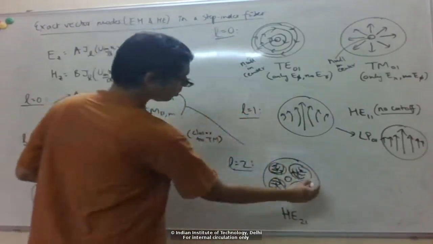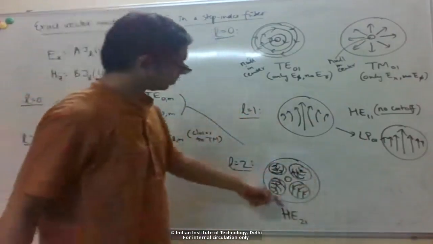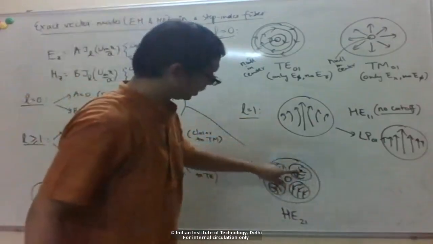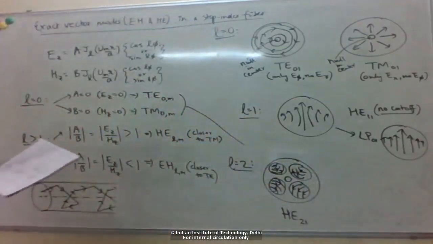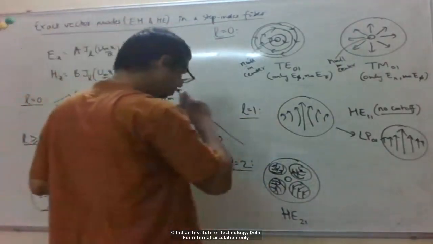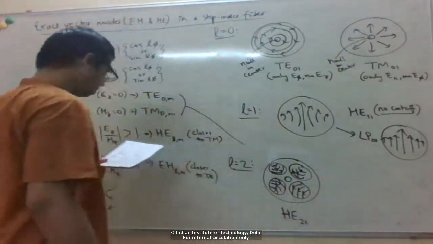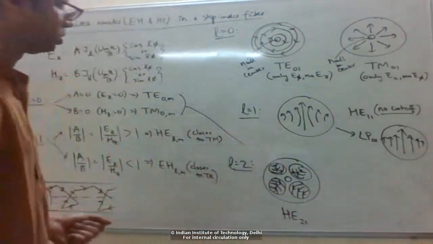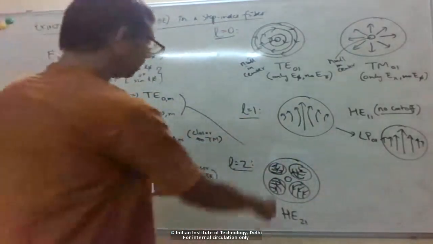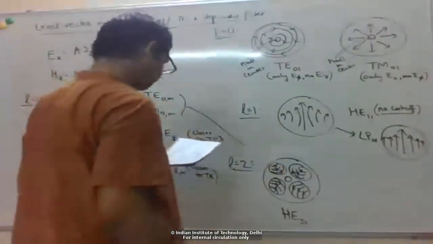And the polarization vectors are sort of like that. So you can see the field profiles are much more complicated compared to the LP modes, especially in terms of polarization.